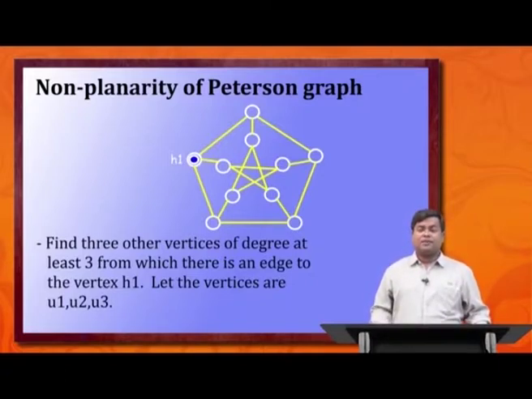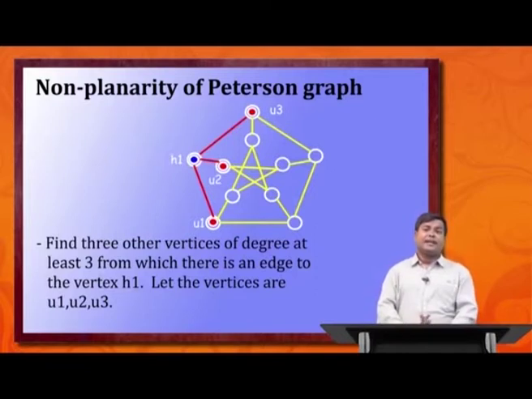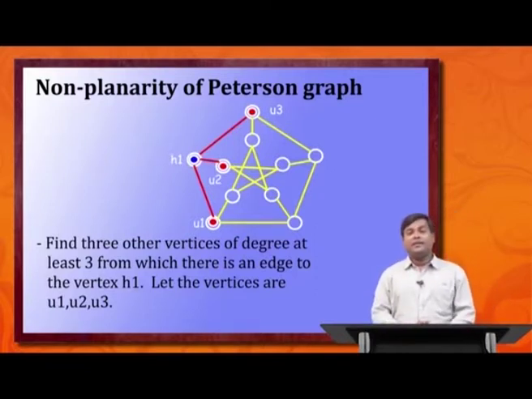Yes, we are seeing there are 3 other vertices of degree 3 which can be reached from H1. Let the vertices be U1, U2 and U3. We have marked them in red, and the edges from H1 to U1, U2 and U3 are marked in red color.